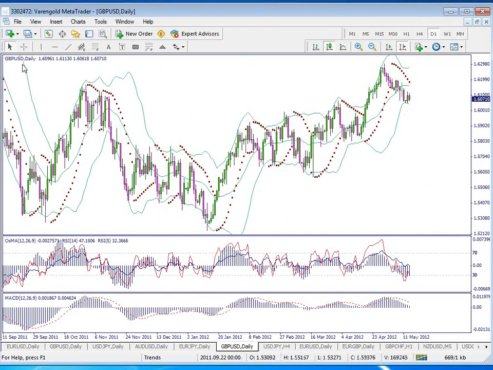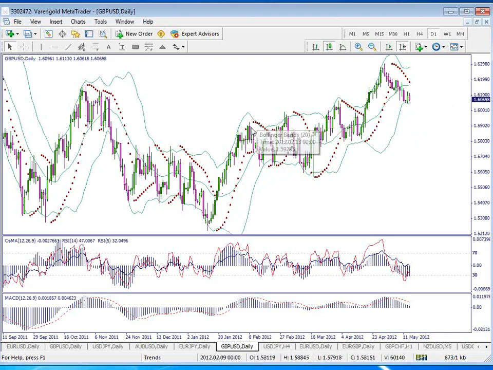So let's take this example on pound dollar on daily. I'm looking at daily and we can see very clearly that it was an uptrend.